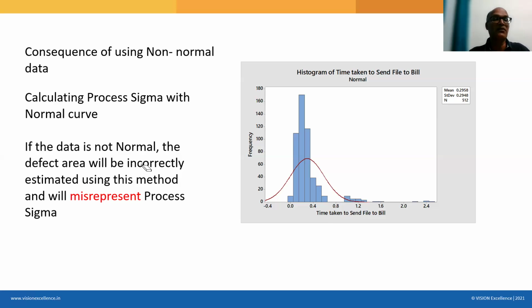Another thing is that, when we talk about one sigma, if it is normal data, just imagine this curve is normal data. What will be the distribution? How many percentage will be within one sigma limit?